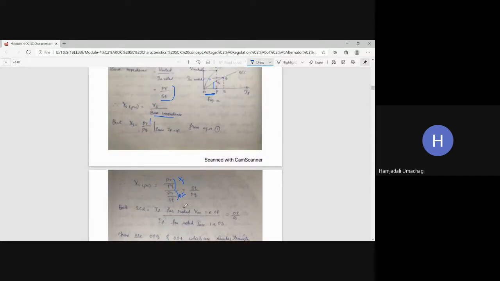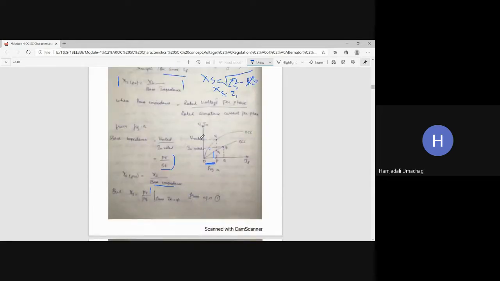But SCR definition is what? IF for rated voltage divided by IF for rated armature current. So for rated current, see here, what is the IF for rated current? This is my rated voltage, which is intersecting with OCC. So rated voltage is PR.